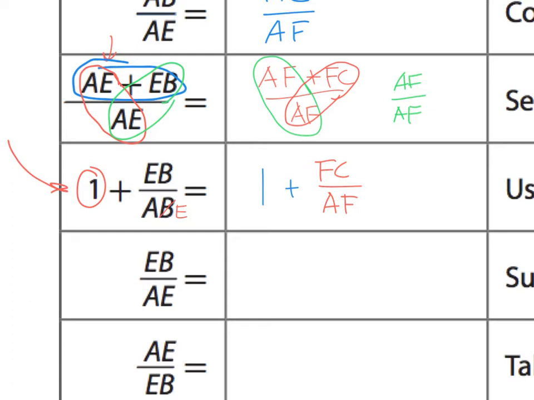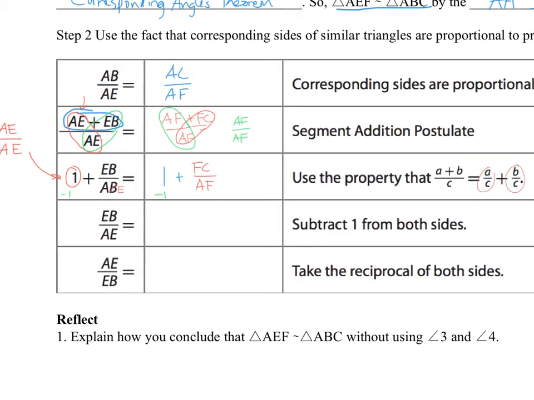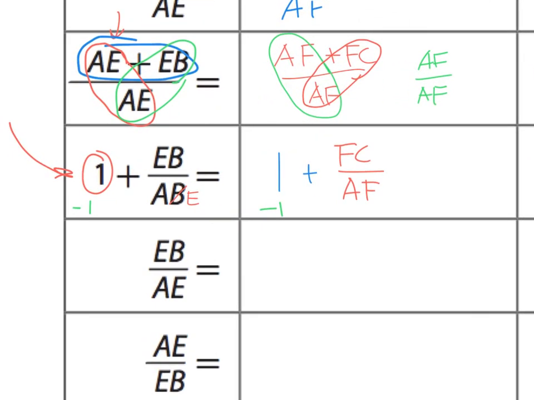Since there is a 1 on both sides, we're going to subtract the 1, and that is our subtraction property of equality. We're subtracting 1 from both sides. So those will cancel, and we're left with EB over AE equals FC over AF.